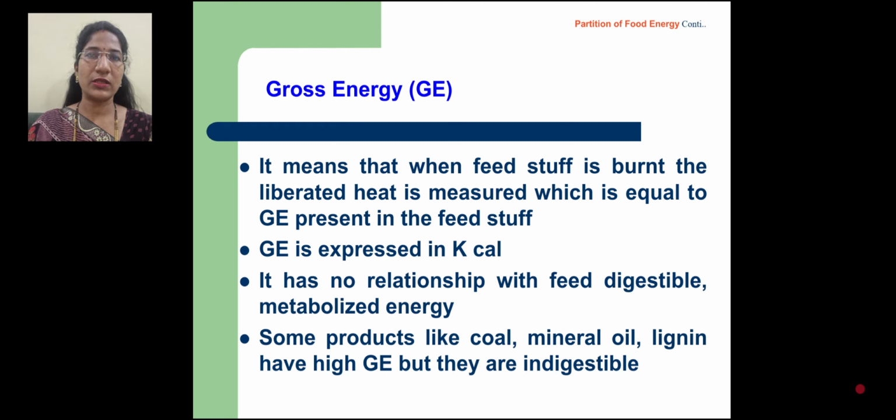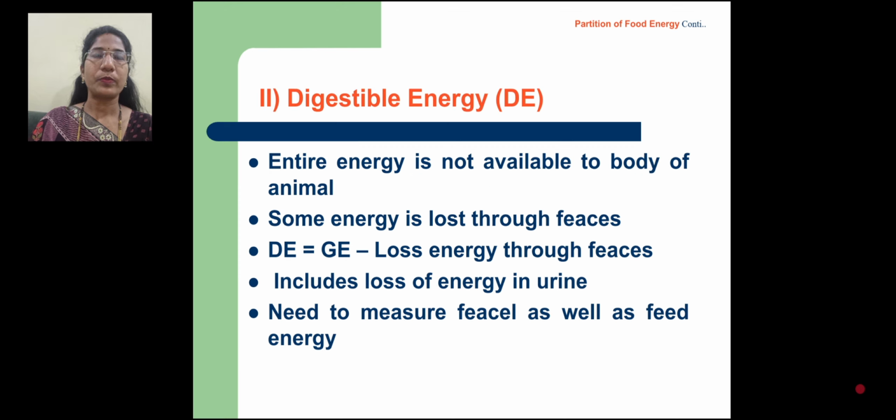Gross energy is expressed in kilocalories. It has no relationship with the digestible and metabolizable energy of the feed. Some products like coal, mineral oil and lignin have high gross energy but they are indigestible.